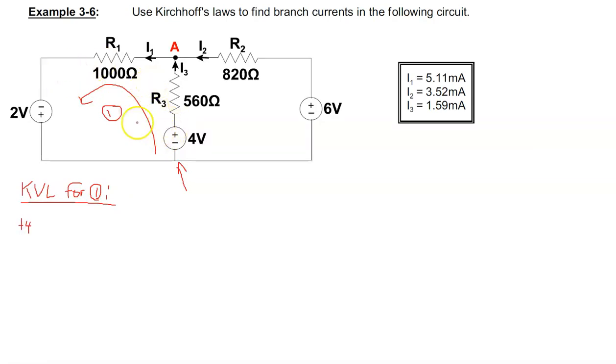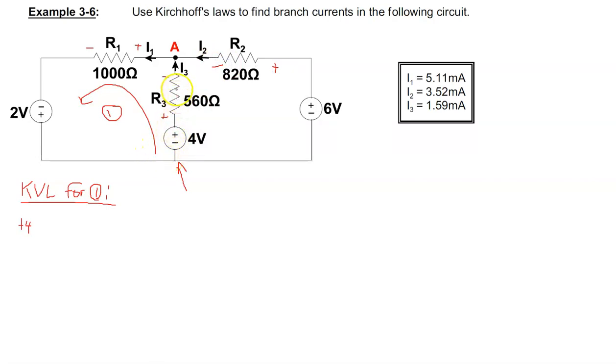And if we're going to put polarity on our resistors, then our direction of assumed current is this way and then this way, and for this one here, if I2 goes from right to left, positive on the right, negative on the left. So back to our loop equation for loop 1.